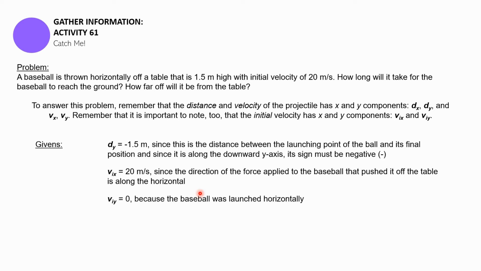That means, since horizontal lang yung force na in-apply, tapos it gave the ball a horizontal initial velocity, the vertical initial velocity is 0. Again, because the baseball was launched horizontally. Kumbaga, yung 20 meters per second is yung bilis ng baseball with respect to the horizontal. And hindi siya nagta-travel with respect to the y-axis nung mga time na yon dun sa initial parts ng scene.